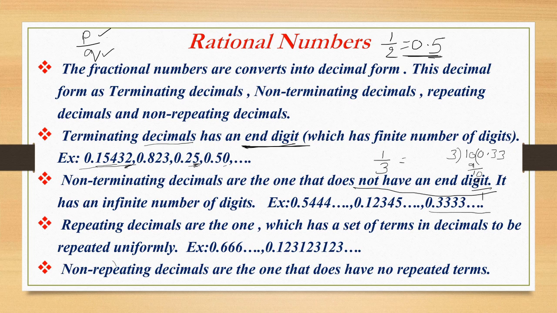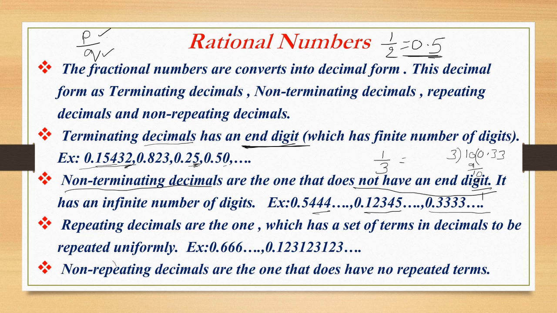Then that type of decimal numbers are called non-terminating decimals. Repeating decimals are also non-terminating decimals, but the same number is repeated. In non-terminating numbers, the end point is not there.